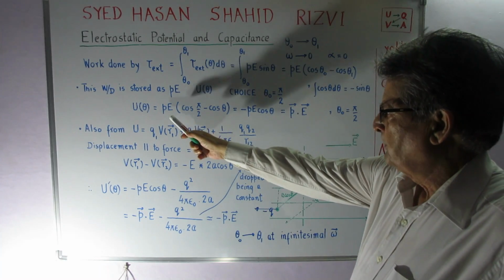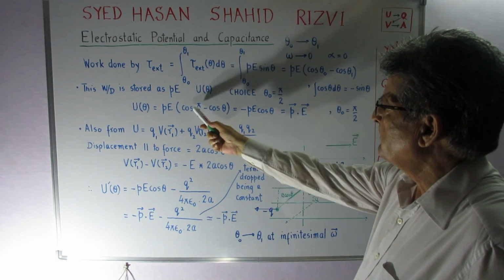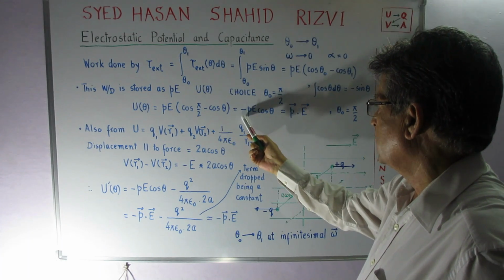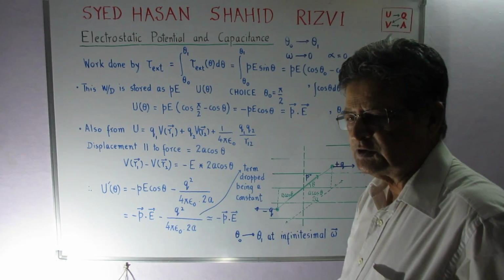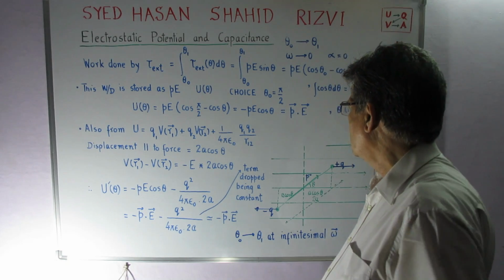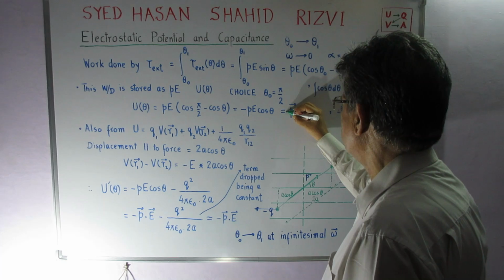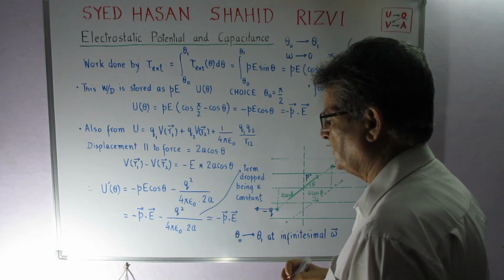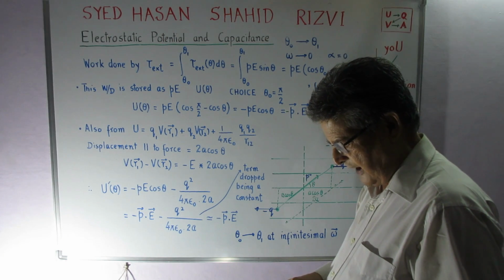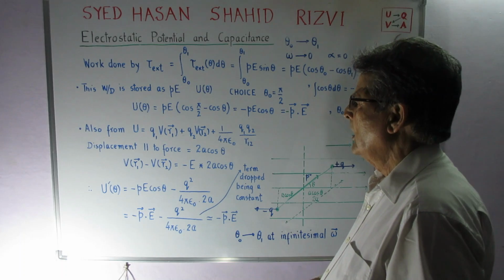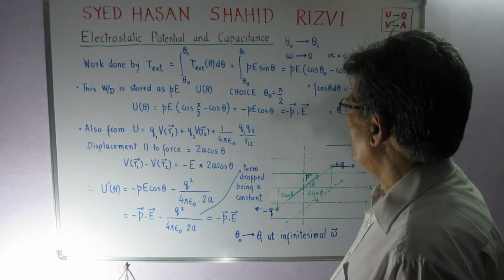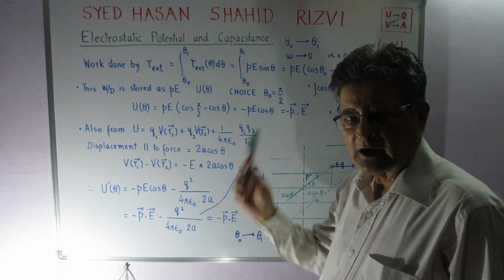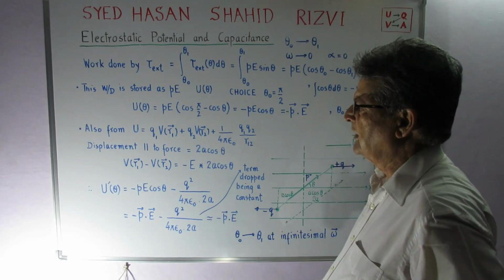This becomes equal to P E (cos of pi by 2 minus cos of theta), that is 0 minus cos theta, so I get minus P cos theta, which is minus P dot E. Of course theta 0 has been taken as pi by 2, and with that choice we can write U(theta) equal to minus P dot E and calculate that value given the value of P and E and the angle there.